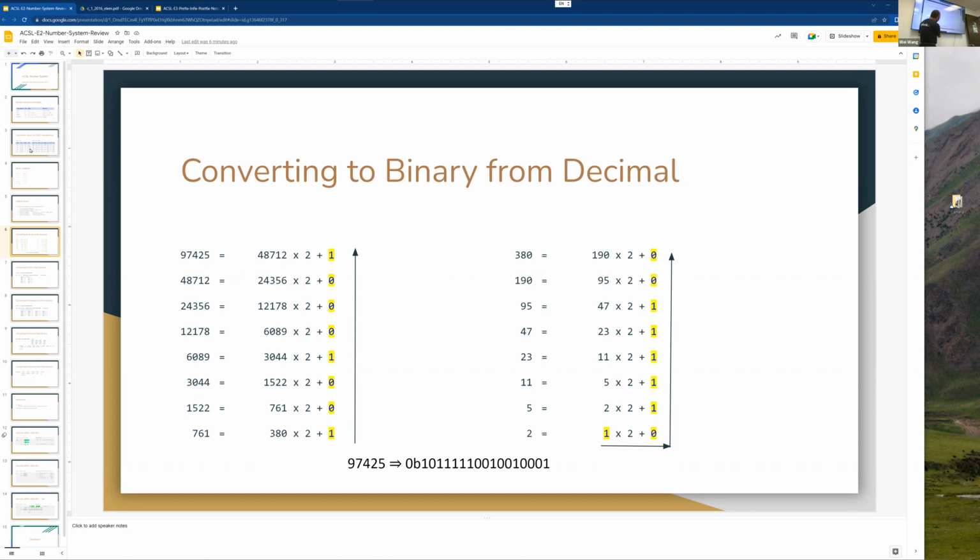If this is decimal, then it's a huge number. But if it's a binary number, how do we tell the computer that? This is what we use to indicate that this is a binary number. So we say 0B.